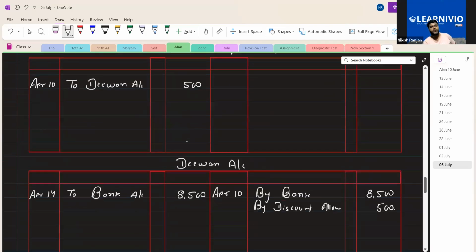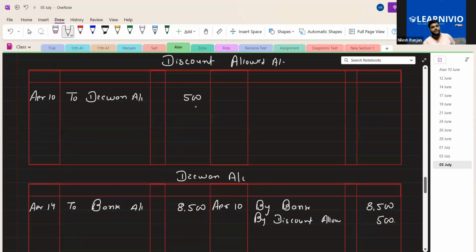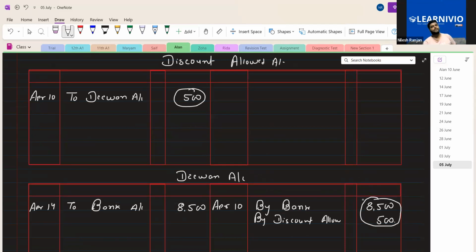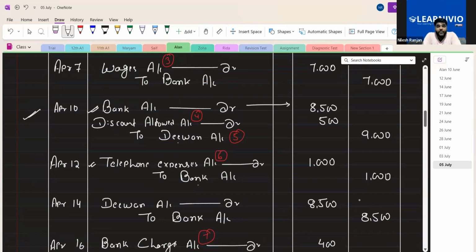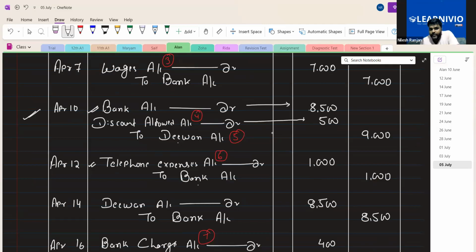In discount account, it will be 500. And in Divan account, total 9,000, the same amount that is written in front of the journal entry.